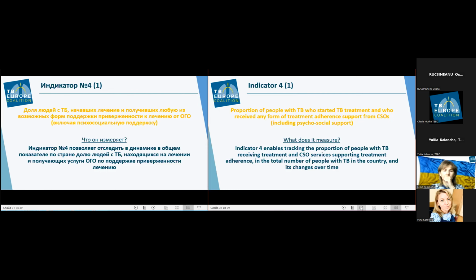I would like to clarify that it's important to indicate that the algorithm has been tested not only with Ukraine, but also by pilot countries, that was Kyrgyzstan and Kazakhstan. So at the level of 3 countries, we have tested this algorithm, piloted it, and we could see that it is feasible and viable.